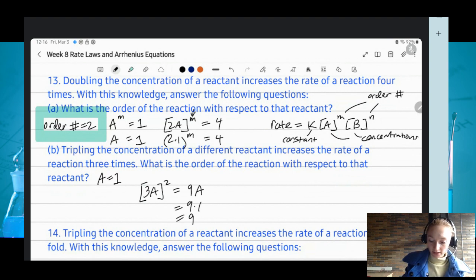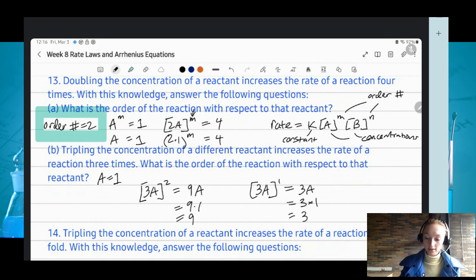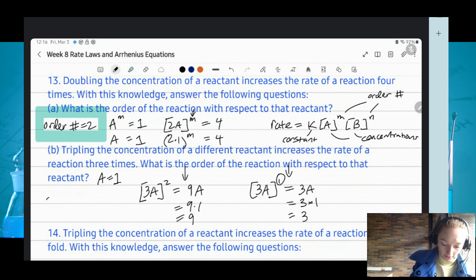But if it was to the first power, to the first order, then it would be 3A to the first power, so 3 times 1 equals 3. So in the second case, it is tripling the rate, but in the first, it is multiplying it by 9. So it must have a first power because of this relationship. So the order number here equals 1.